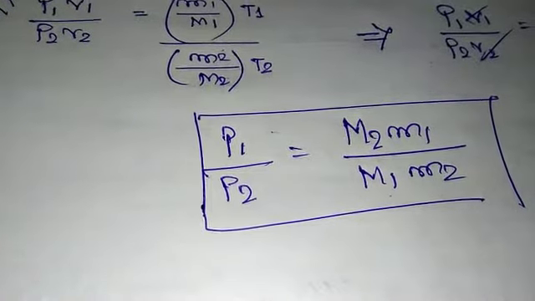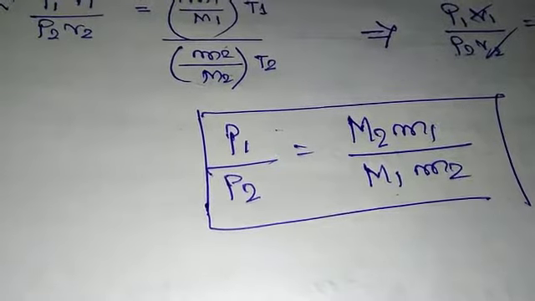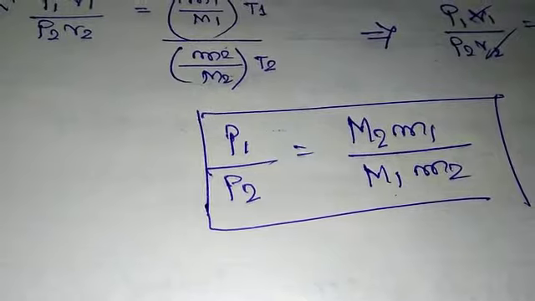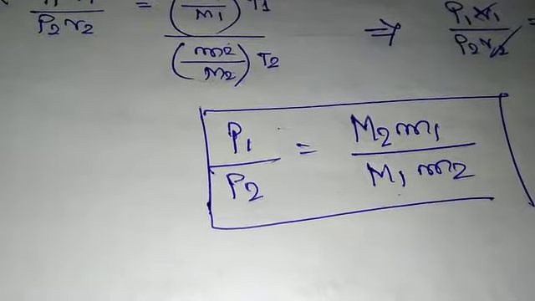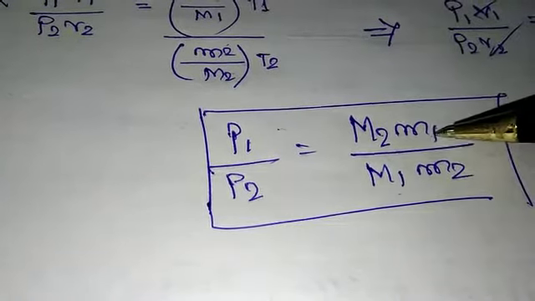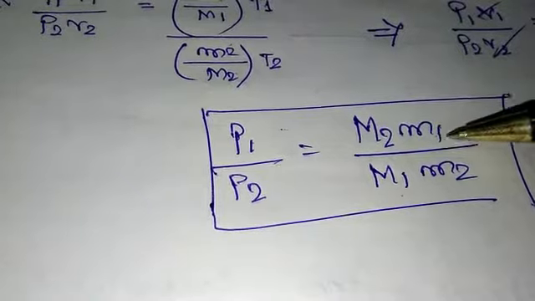So the higher molecular weight a gas possesses, the lower pressure it will have, and vice versa. But at the same time, the second notification that we get from this equation is from its mass. The higher the pressure is, the more mass it must have.